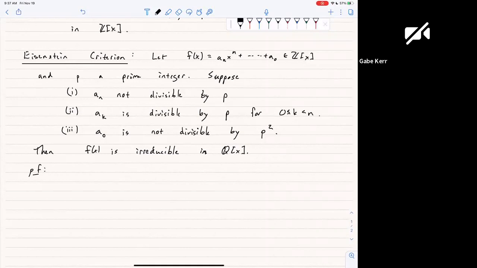The proof is really easy. It's the same trick we're using over and over again. Well, not so easy, but let me ask you guys, what do you think? How would you prove this? It's sort of the trick we used last time.